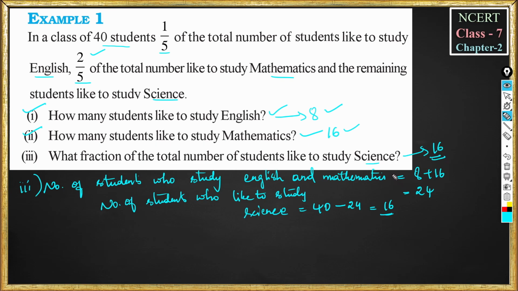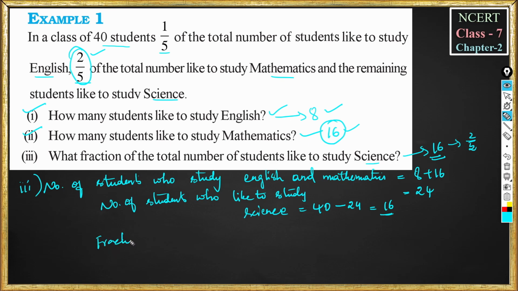Now we have to find what fraction of the total number of students like to study science. See, if you observe, the number of students who like to study mathematics is 16 and the fraction is what? 2/5. So from here we can write the answer 2/5. Otherwise also we could find the fraction of the total number of students who like to study science.